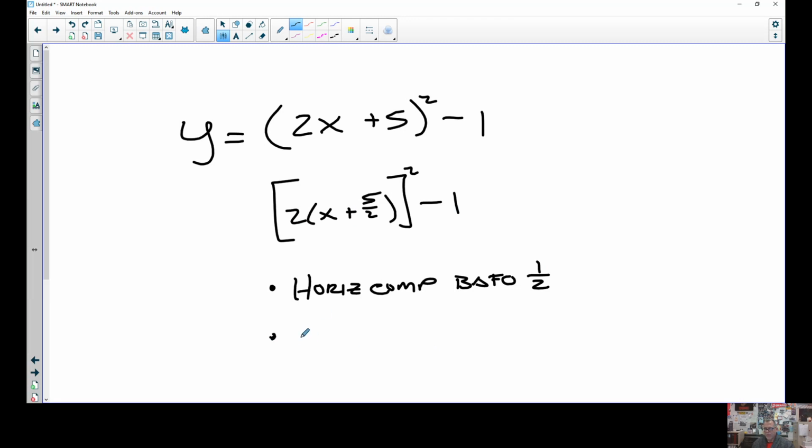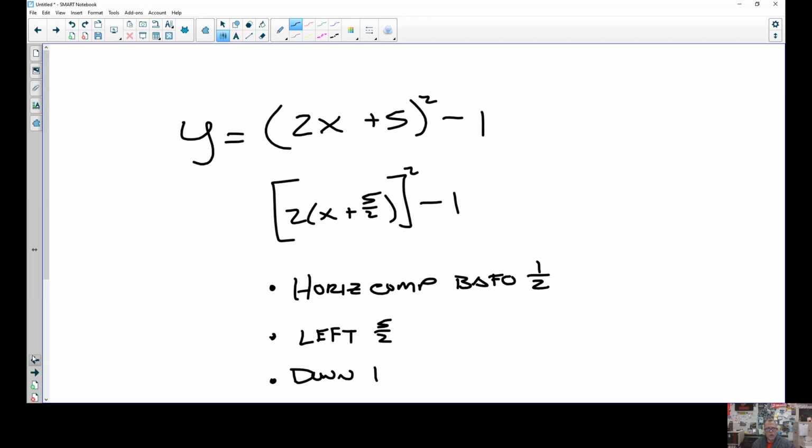We have positive inside, so that's left, and it's going to be 5 over 2, so left 5/2, and then down 1. So hopefully you start seeing these changes, and they're going to ask you a variety of these questions, and we can adjust as we go.